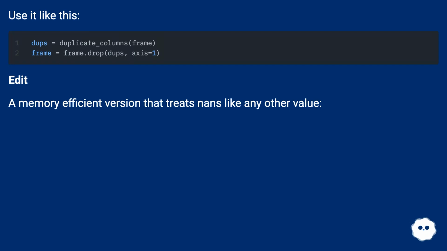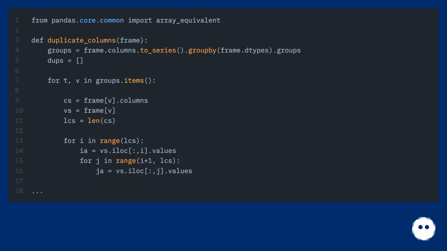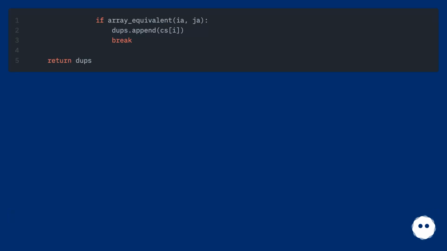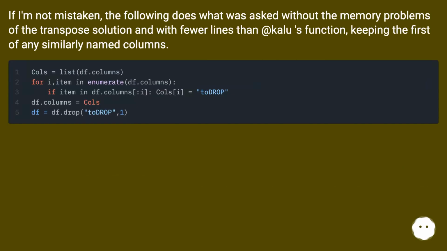A memory-efficient version that treats nans like any other value. If I'm not mistaken, the following does what was asked without the memory problems of the transpose solution and with fewer lines than Carlo's function, keeping the first of any similarly named columns.